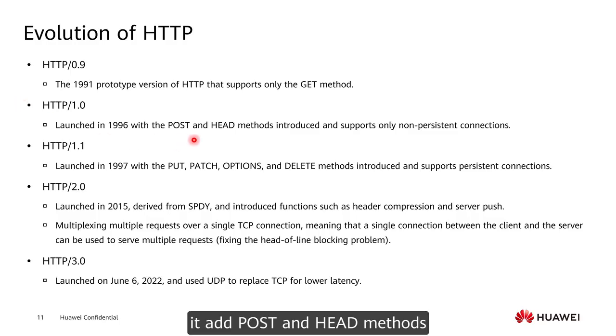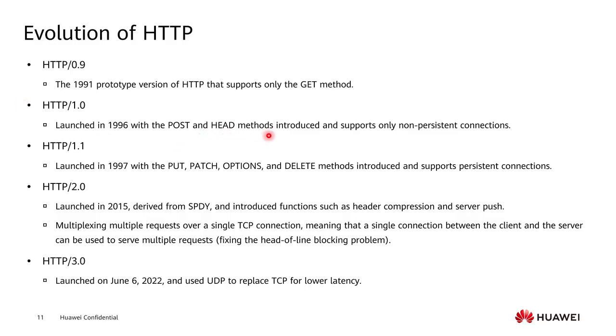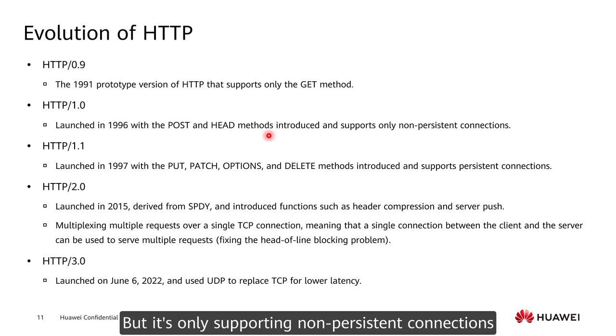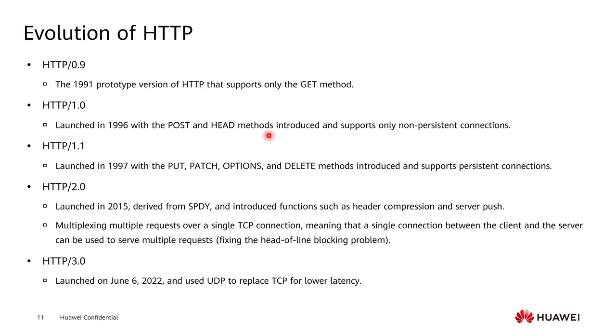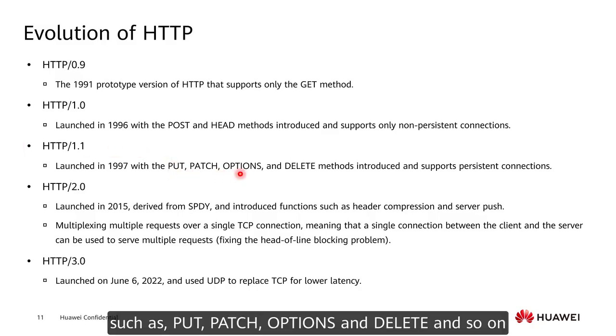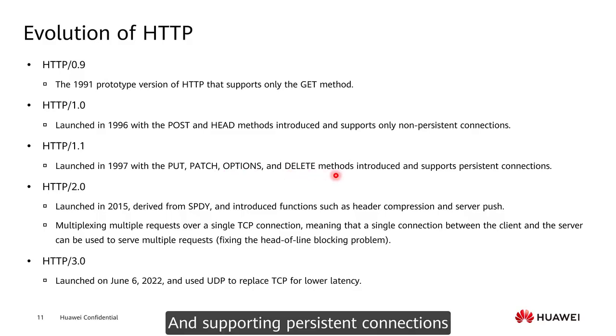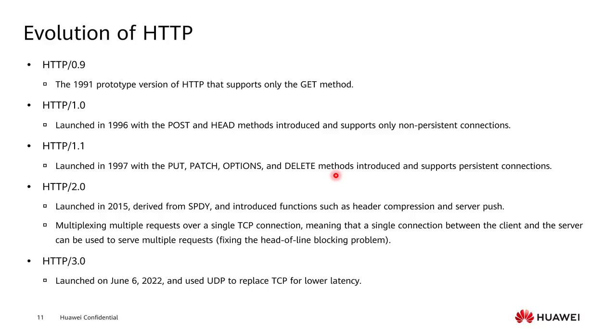It added POST and HEAD methods, but it only supported non-persistent connections. In the second year, HTTP version 1.1 was released, adding new methods such as PUT, PATCH, OPTIONS, and DELETE, and so on, and supporting persistent connection.